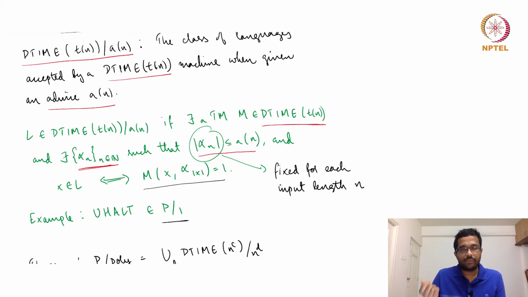We could say 0 when there is no string of length k in the language, and 1 when there is only one string, that is 1 power k, that is in the language. So UHALT is actually in P/1. But if there is a class of smaller size than P, then we could have that as well.